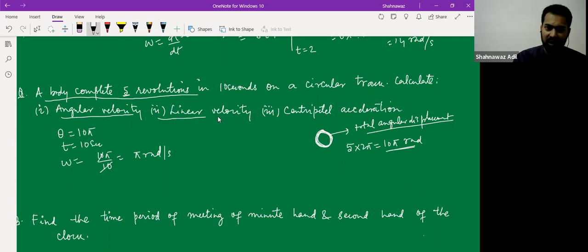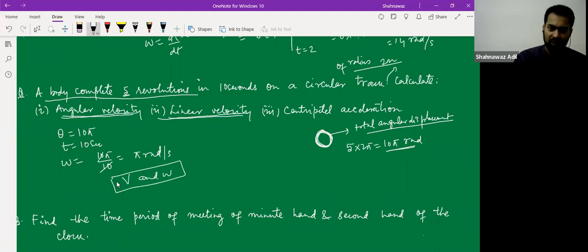And what will be the linear velocity? Okay, I didn't give the radius, so let's say the radius of this track is 2 meters. So what is the relation between linear velocity and angular velocity, v and omega? Can you guys recall?